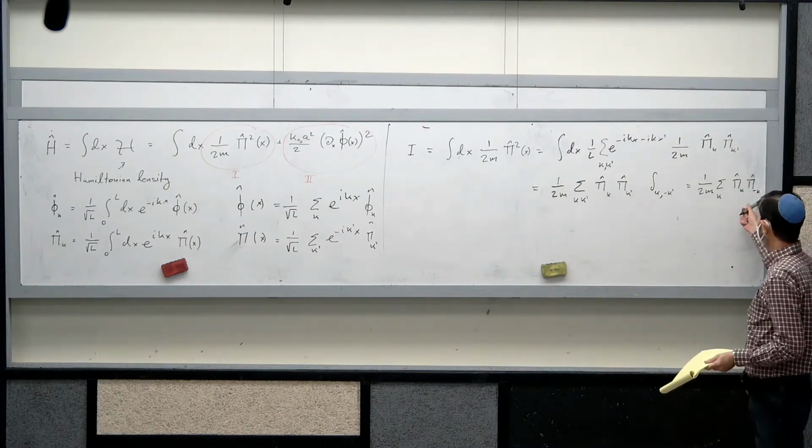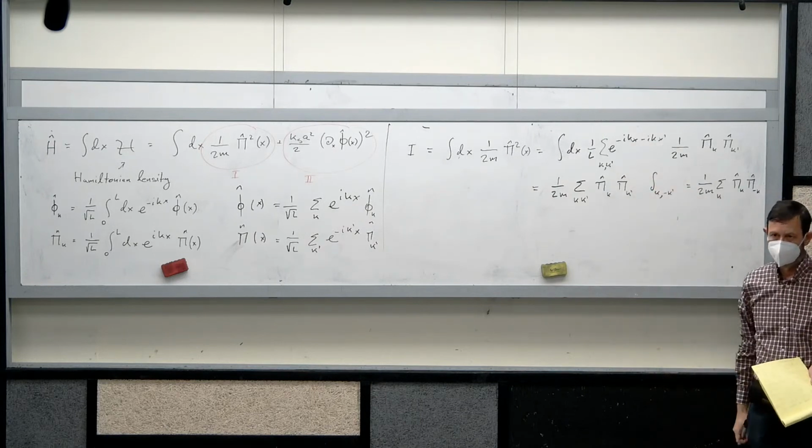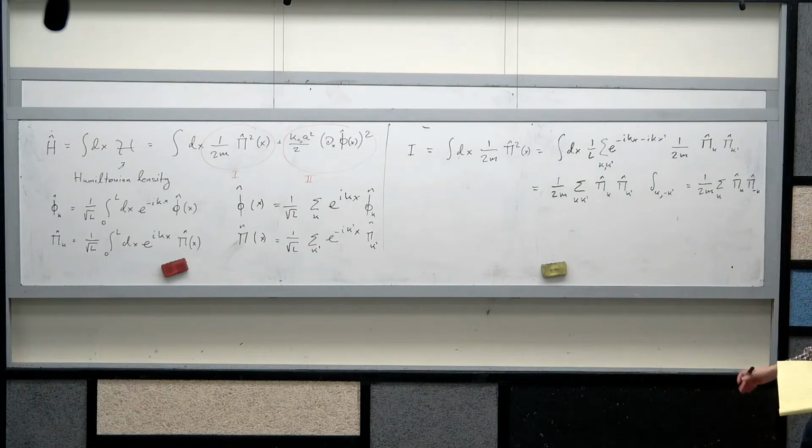The reason for k and minus k is because they have here the same sign. Okay, nothing earth-shattering.